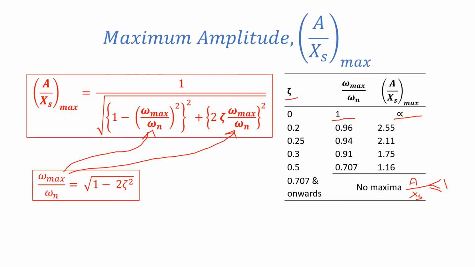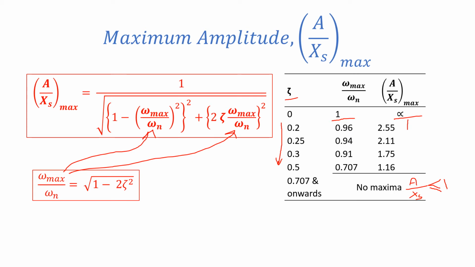Now what happens when we increase zeta from 0, means we are introducing damping into the system?